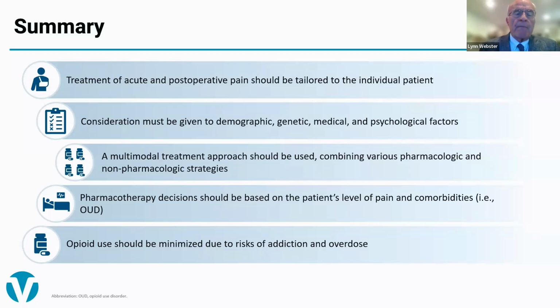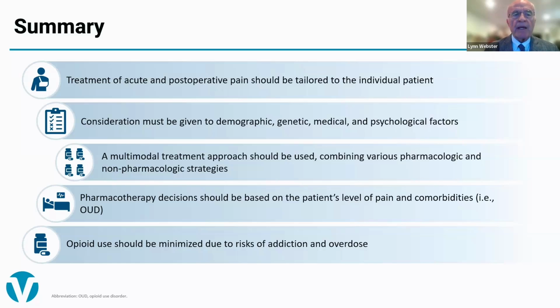So we need to consider the demographics, age, genetics, medical and psychological factors. A multimodal treatment approach should always be used when possible, combining various pharmacologic and non-pharmacologic strategies.